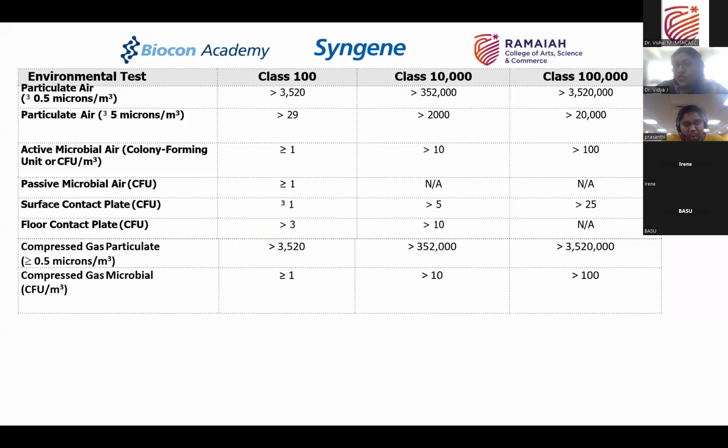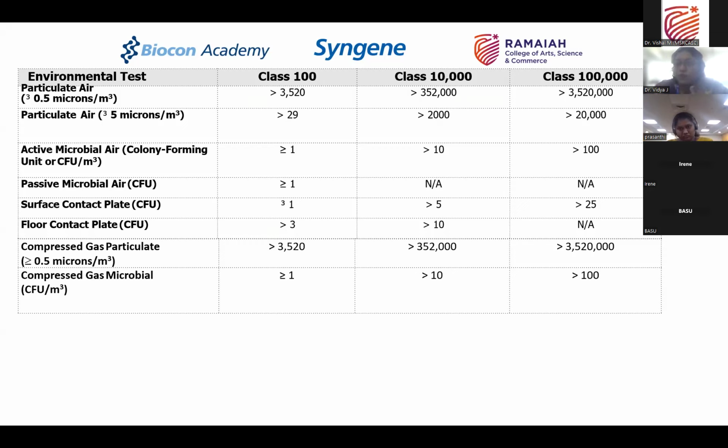Again class 100,000 means 100,000 particles. That's why it is called class 100, 10,000 and 100,000. In a class 100, it is permissible to have approximately 3,500 particles.